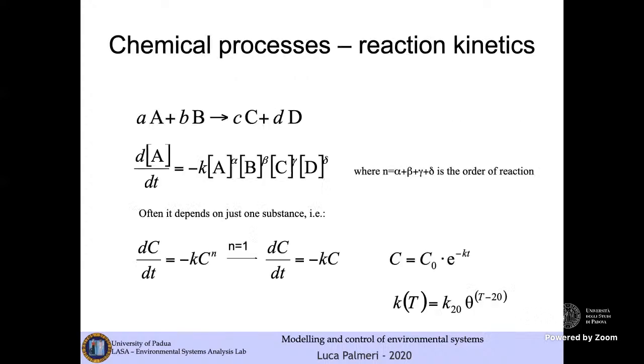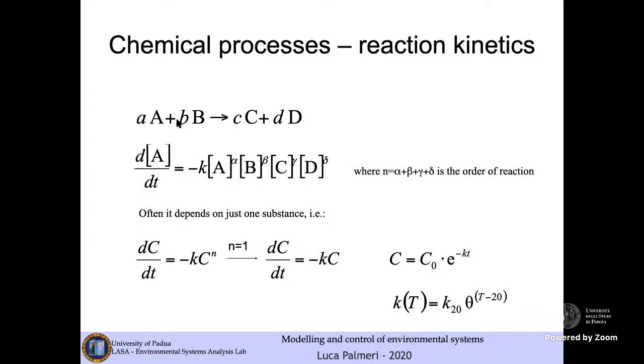Okay, so now let's go forward to the last model we shall employ for describing chemical processes, that is the model of reaction kinetics. So how do we describe chemical transformation in my ecosystem? I recall you, this is a matter of introducing some notation.